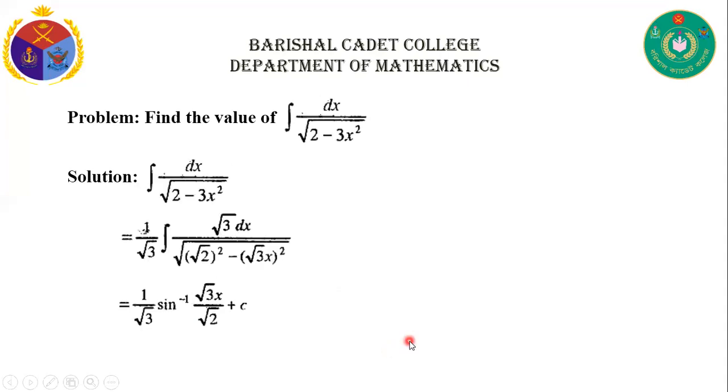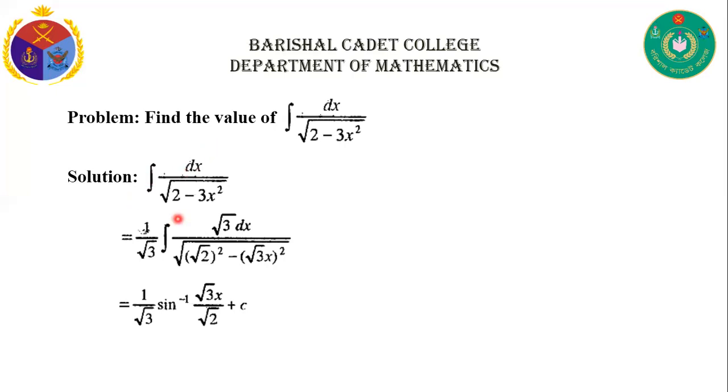Okay, now another very simple problem. Let us find the value of the integration of dx by the square root of (2 - 3x squared). Boys, we have the formula: the integration of dx by the square root of (a squared minus x squared) is sine inverse (x/a).